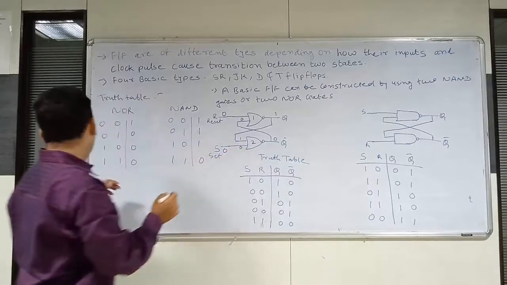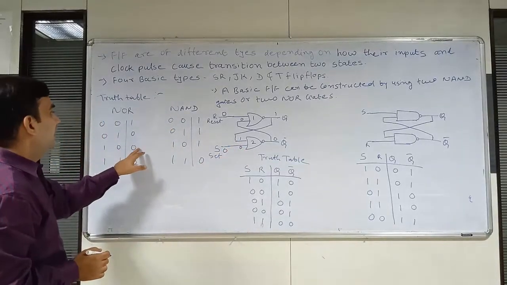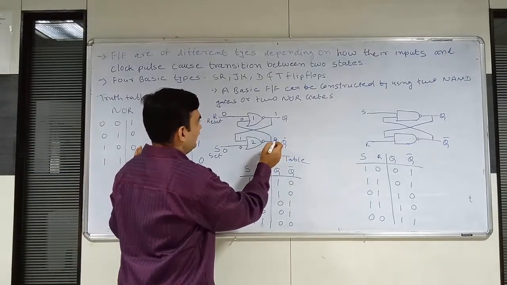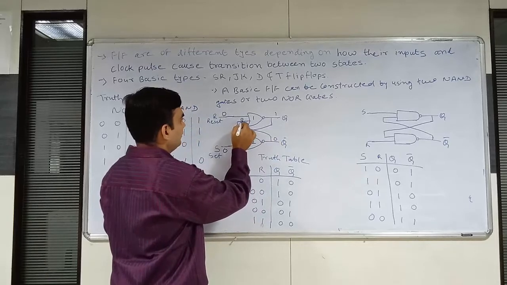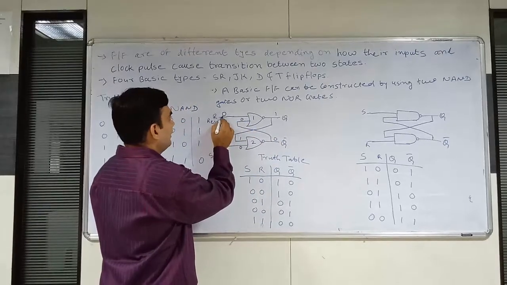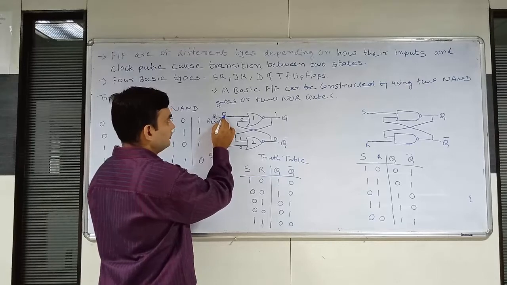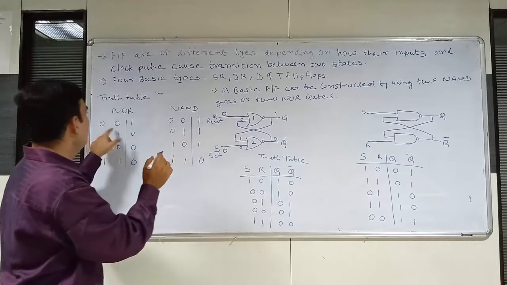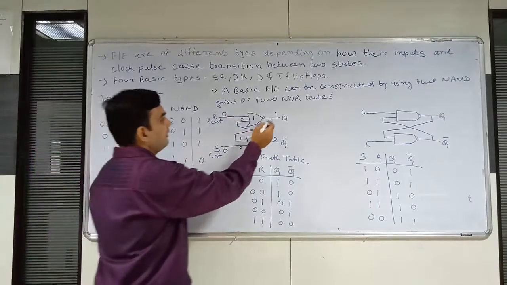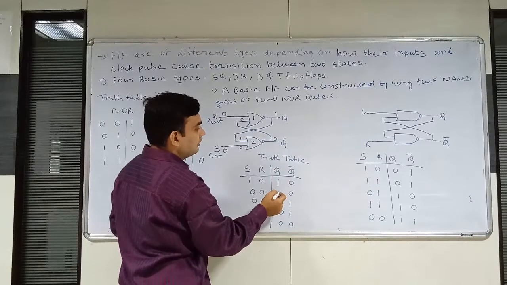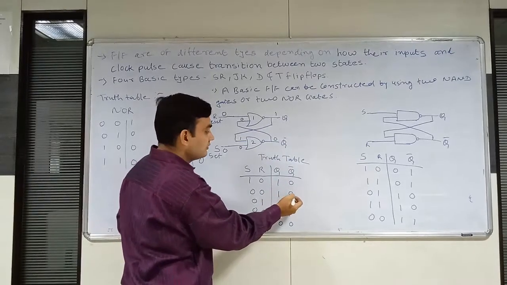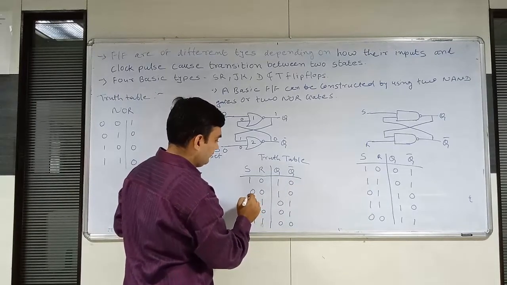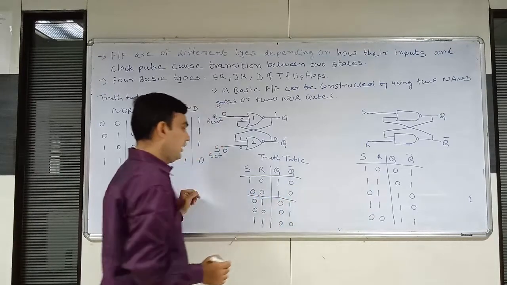So 1 and 0, our output will be 0. Again this 0 will come here, and R is equal to 0. So both inputs are low, 0 and 0, our output will be high, that means 1. So we get Q equal to 1 and Q bar equal to 0. Nothing changed. This is called latching. There is no change in the output of Q and Q bar.